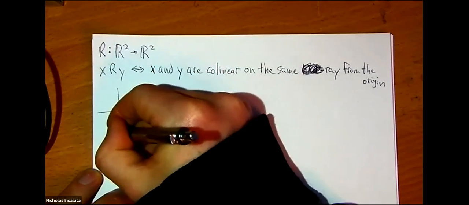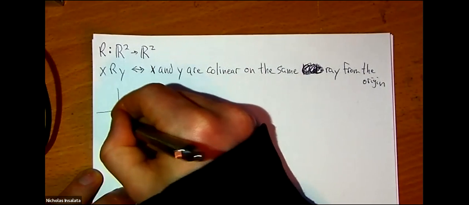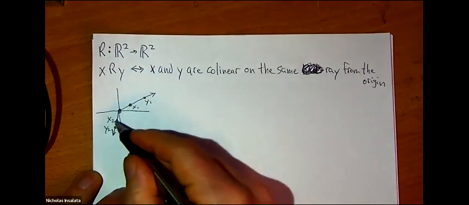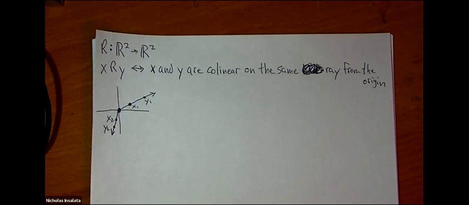X1 relates to Y1. We have a different ray coming out that way, where X2 and Y2 are 2 different points on that ray. Okay, so what would our equivalence classes look like, do you think?